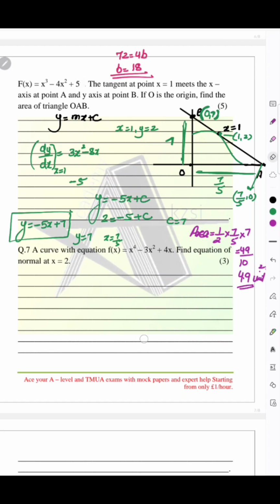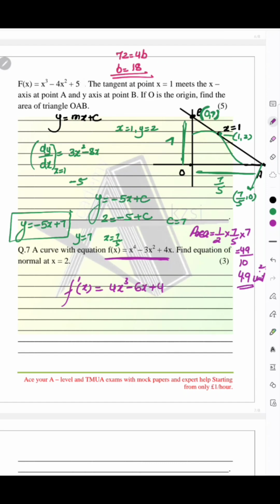So if I want to calculate the gradient of the normal, I should know the gradient of the tangent. To find the gradient of the tangent, we have to find the derivative, that is, differentiate f of x. So f dash x is 4x cubed minus 6x plus 4.